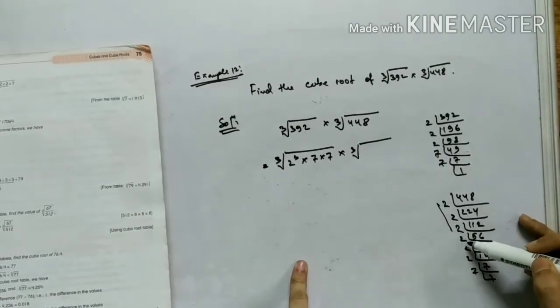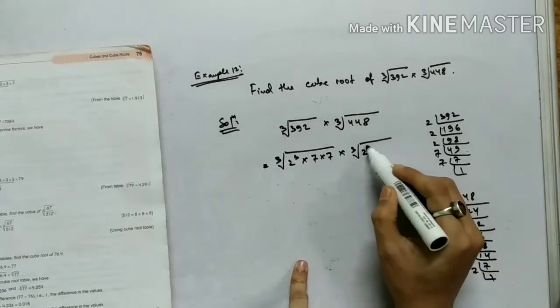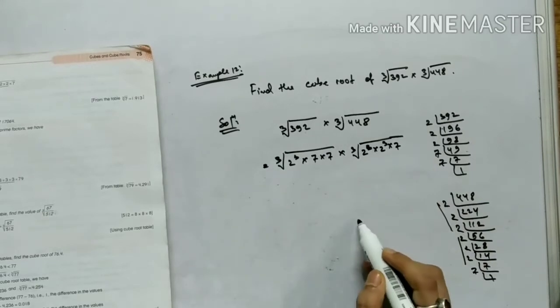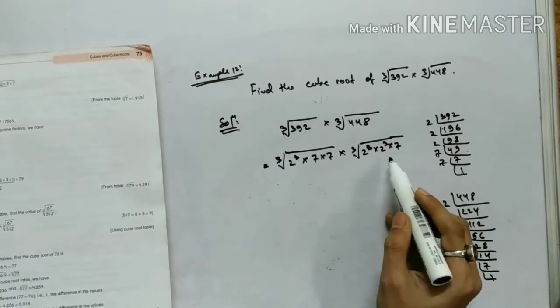So this is 2 cube, 2 cube. So this one I will get 2 cube into 2 cube into 7.